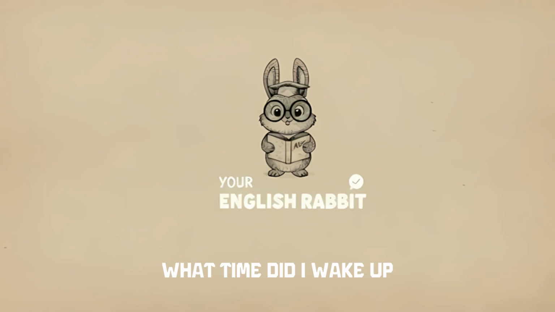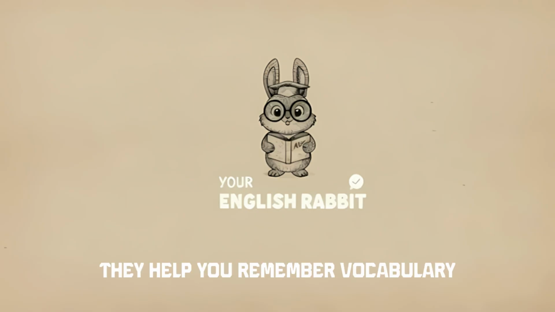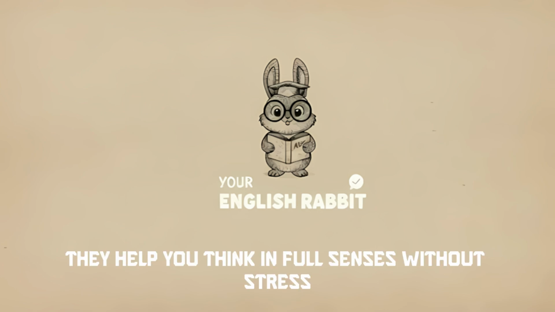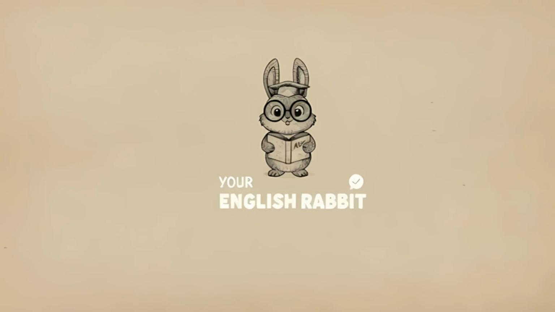What time did I wake up? What did I eat? Where did I go? What did I do in the evening? These are good questions. They help you remember vocabulary. They help you build strong English habits. They help you think in full sentences without stress.